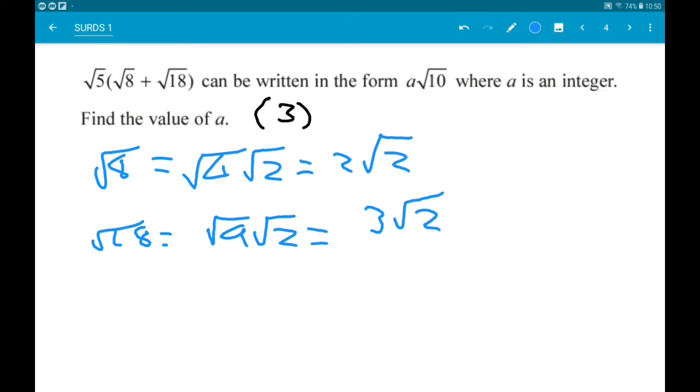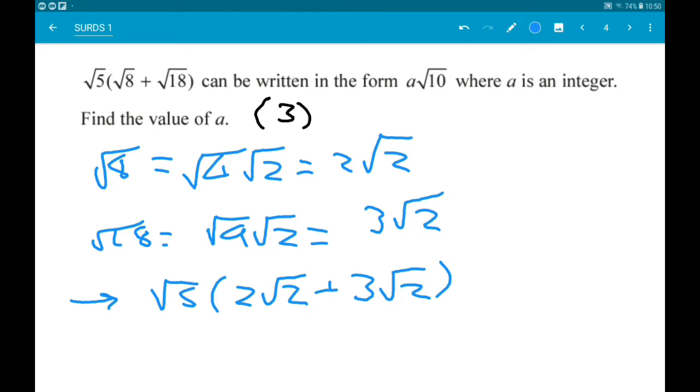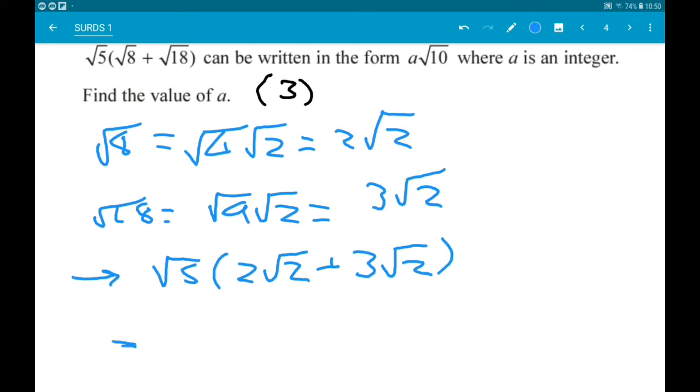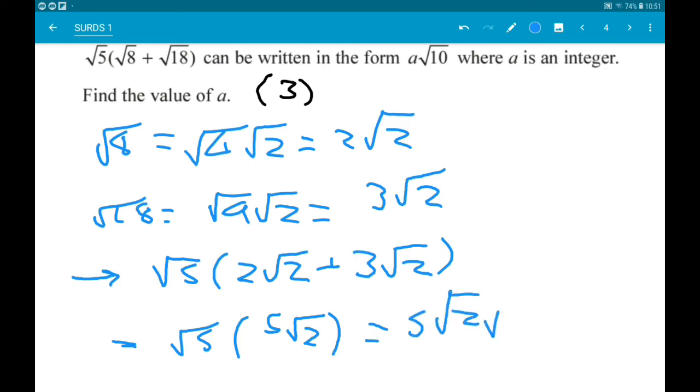So, that means the question is now root 5 times 2 root 2 add 3 root 2, which is root 5 times 5 root 2, which, if we expand then, is 5 root 2 root 5, which is 5 root 10.